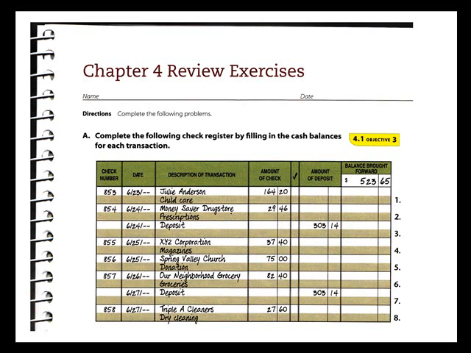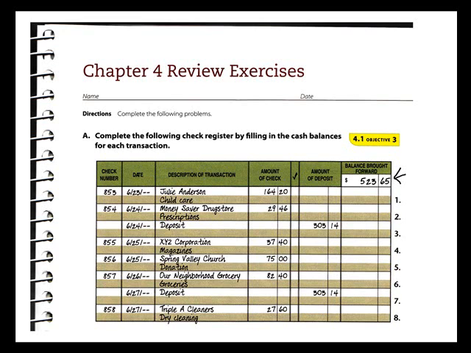The way that this checkbook register is set up, we have our balance brought forward. That is the amount of money that is in your checking account from where you had another sheet like this and you had to bring your balance over from the previous sheet. And so right now, at that date, you had $523.65.